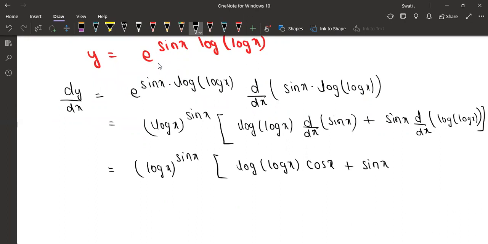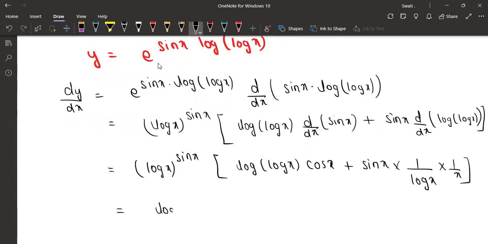Derivative of log x. So first derivative of log x is 1 upon x, but at the place of x we have log x. So it is 1 upon log x, and by chain rule we'll do the derivative of log x again, that is 1 over x. This is what we are getting, 1 over x, and then now we can close the bracket.